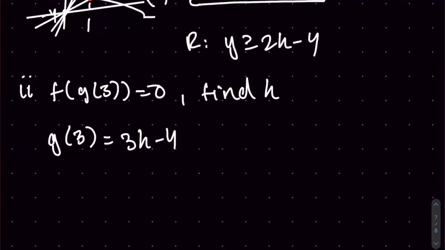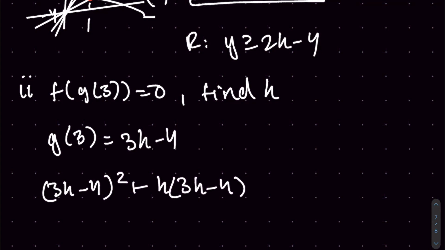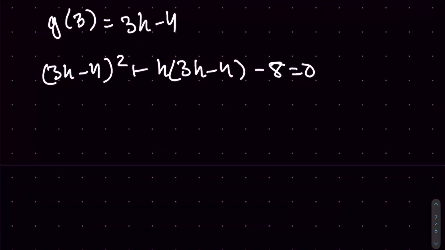So we have 3k minus 4 whole squared plus k times 3k minus 4 minus 8 equals 0. Solving for this, we can expand this function, or we can try to factorize this function. Personally, to prevent any mistakes, I'll just expand it.